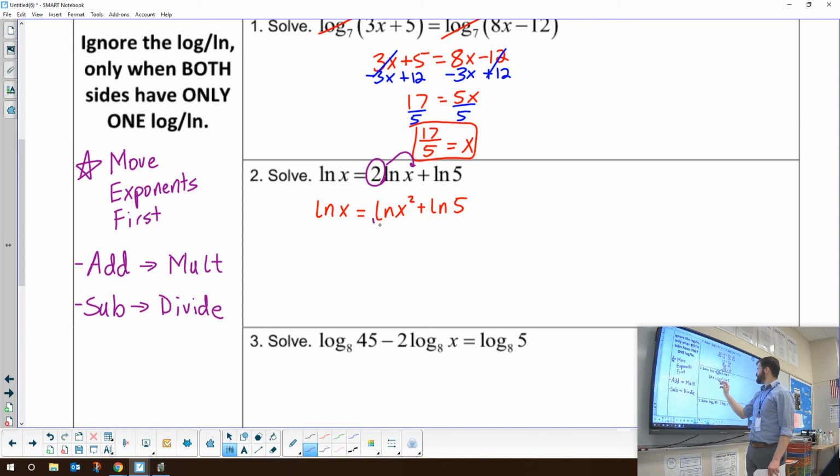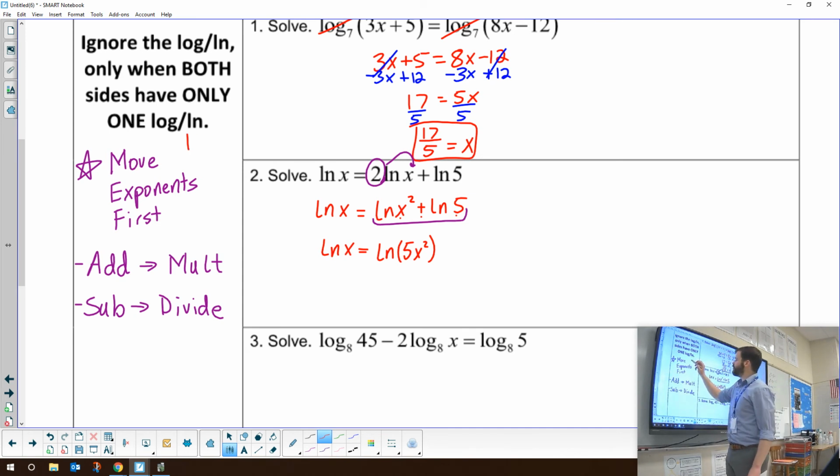If I condense these two to be together, we create one natural log of, we have a 5 and an x squared. I am adding, so we're going to combine these together to be 5x squared. If you don't remember how to condense, go back and look at 12:5, okay?